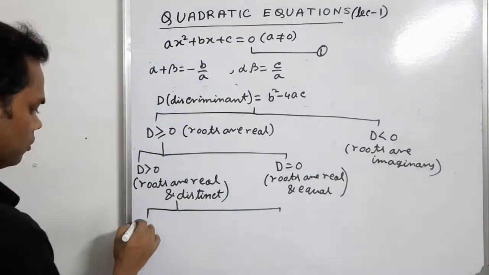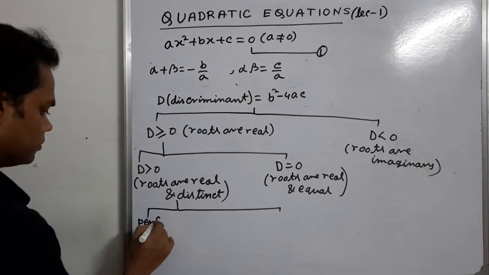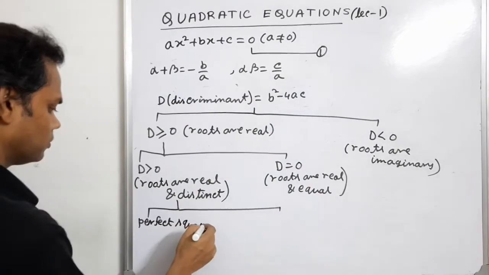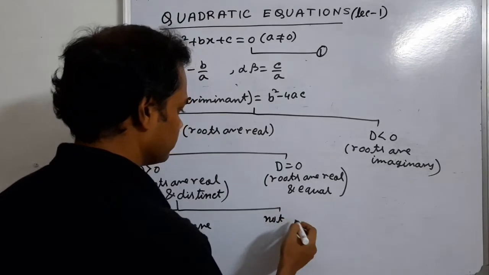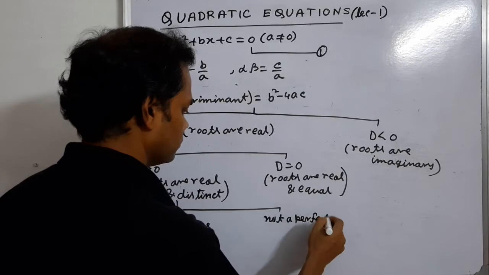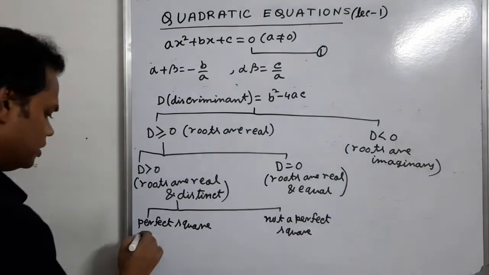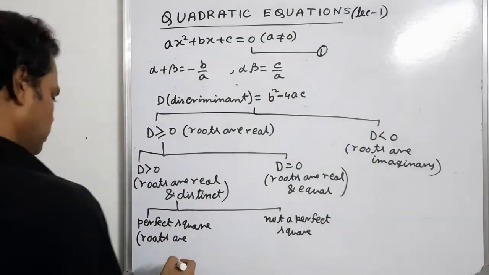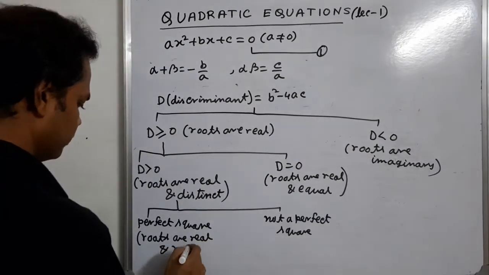From d greater than 0, there are two cases: one is d is a perfect square, and in the other case, d is not a perfect square. If d is a perfect square, then roots are real and rational.